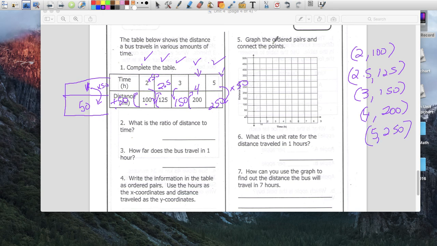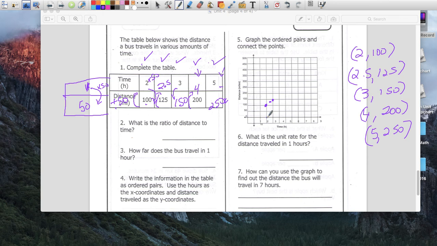Okay, so I assume that they want us to use these ordered pairs to graph. And the graph is already labeled for us. So 2 and 100, so 2 hours would be right here, 2 and 100. 2.5 and 125, I'm sorry, right here. 3 and 150.